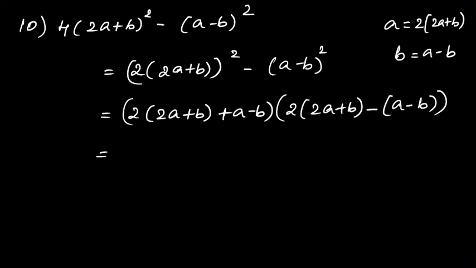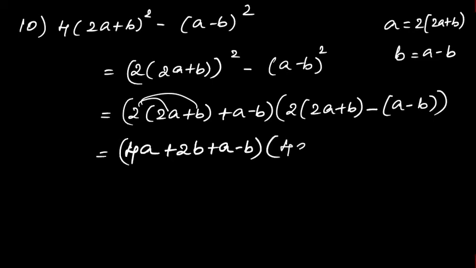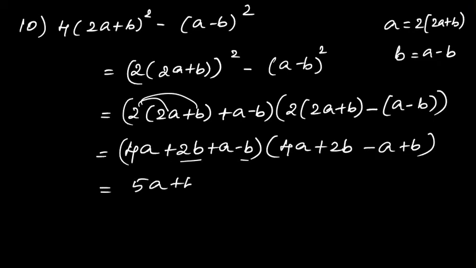So the next step, multiply 2 inside. So we get 2 into 2a, 4a plus 2b plus a minus b. So similarly here also we'll get 4a plus 2b, multiply minus inside, we'll get minus a plus b. So the next step, simplify: 4a plus a will get 5a, 2b minus b will get plus 1b.